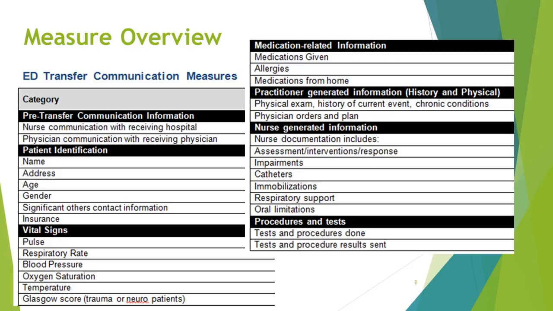So right here on the screen is a snapshot of the ED transfer communication measures. The ED transfer communication measures required data elements that have been endorsed consist of a series of 27 submeasures reflecting 7 domains.